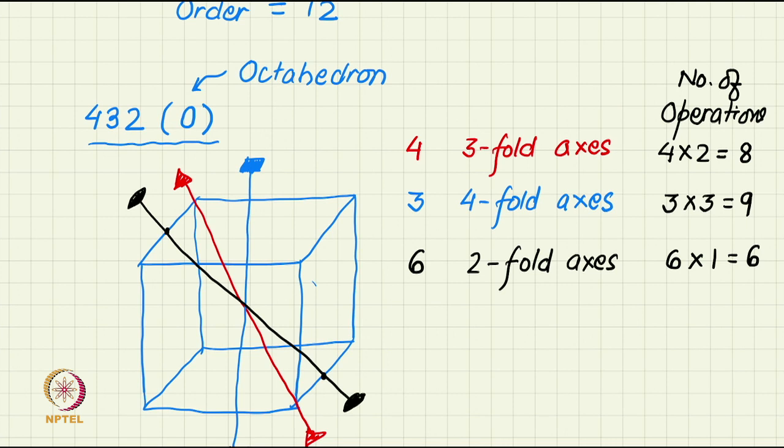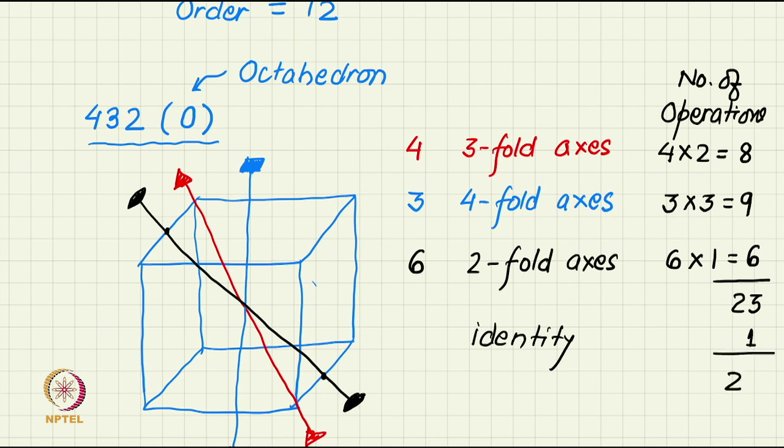So, you can add up and find that there are 23 operations, plus one should not forget the identity, which should be counted only once.